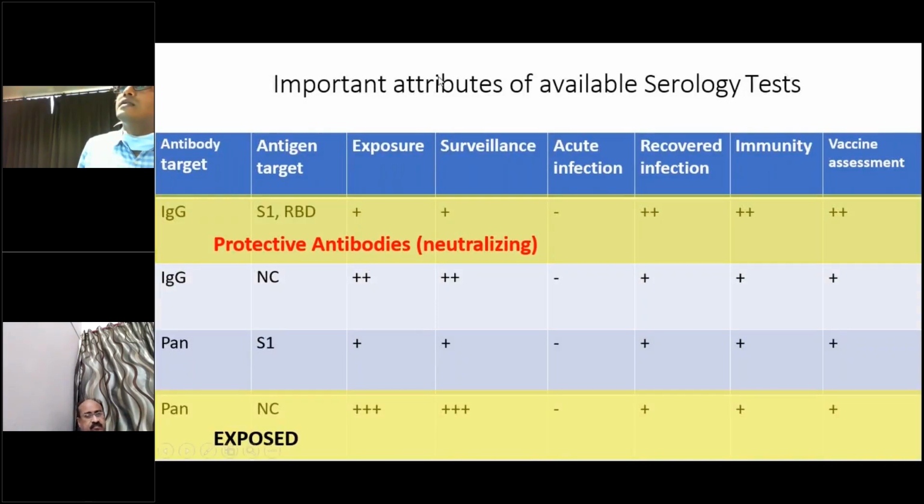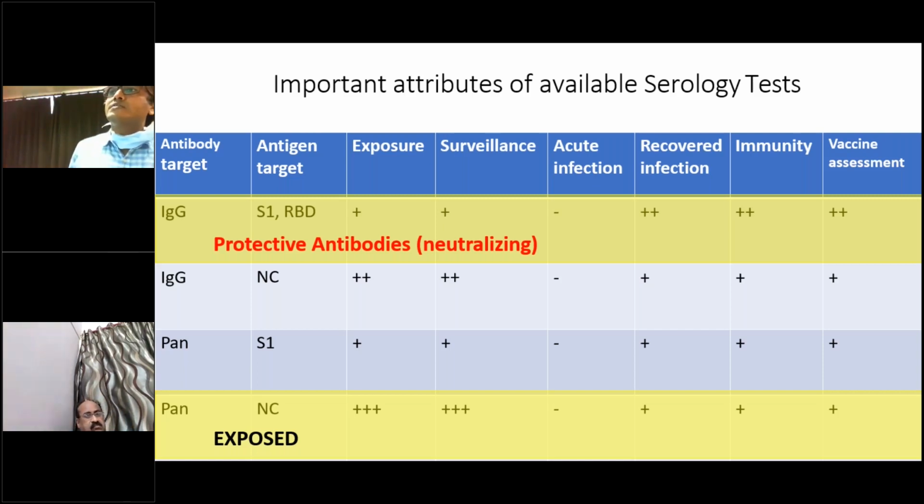Here we can see the antibody, that is IgG, which is against the antigen S1 and the RBD antigen, where RBD is basically the receptor binding domain. If the antibodies are present against these antigens, then these are basically the protective antibodies or the neutralizing antibodies.